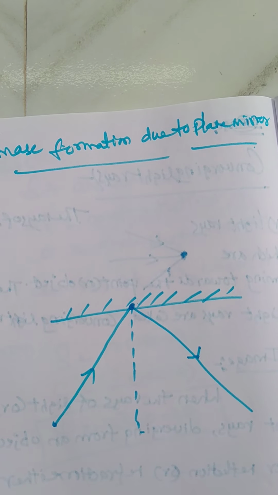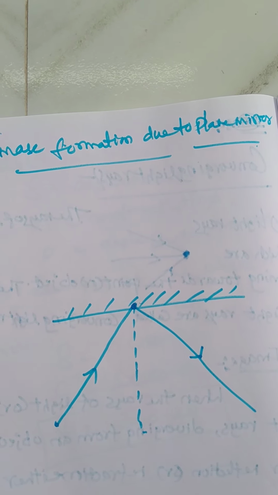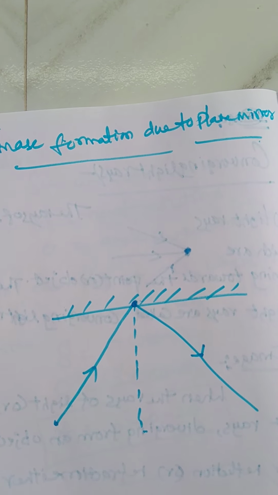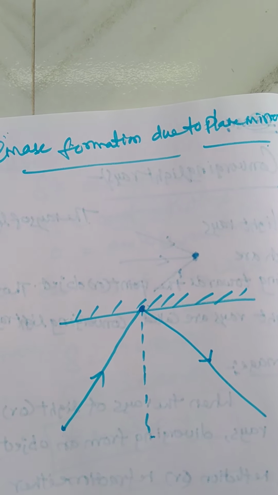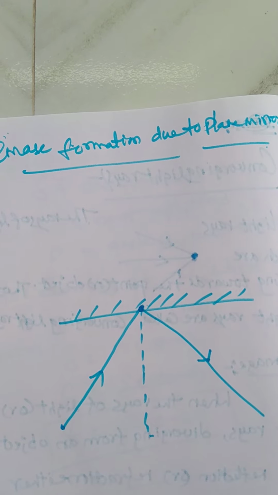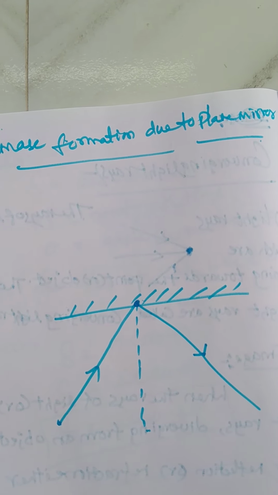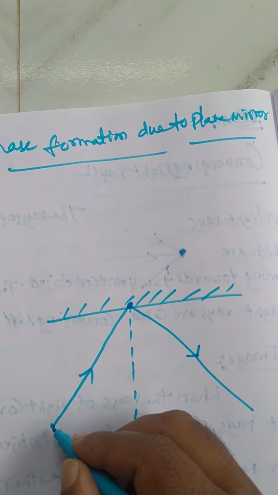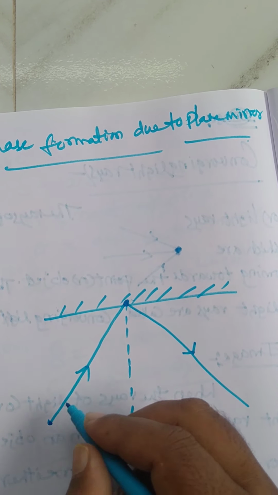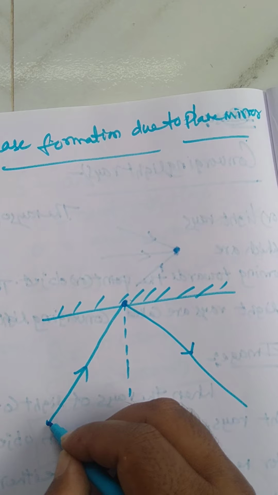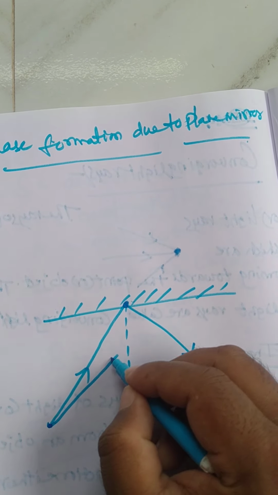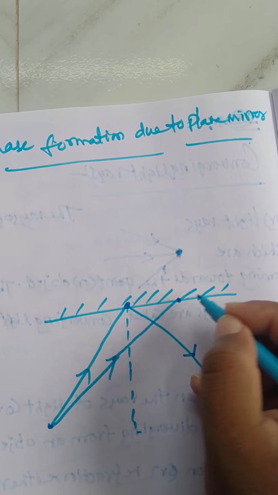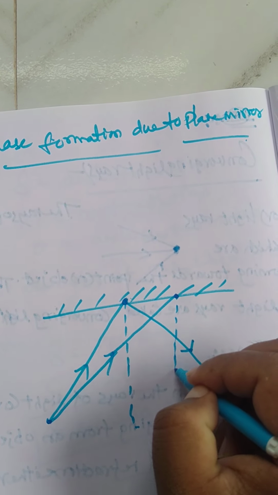You can take a room where there are a number of light rays, but here, to form an image, I am taking only two incident light rays. This is one more incident light ray, on the same point. Again it will be incident on the plane mirror, so it is a point of incidence, and for this there is a normal.